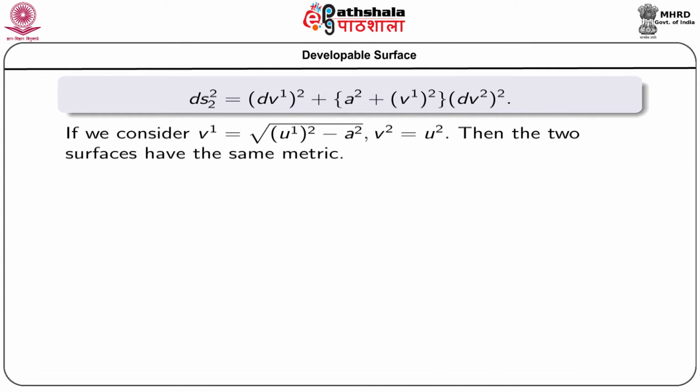The first fundamental form for the helicoid can be calculated as dv1 square plus (a square plus v1 square) dv2 square. Now, if we consider v1 equals square root of u1 square minus a square and v2 equals u2, then the two surfaces have the same metric.